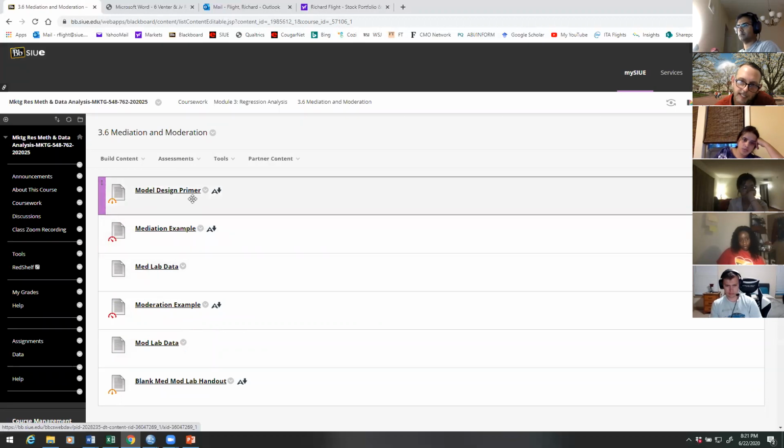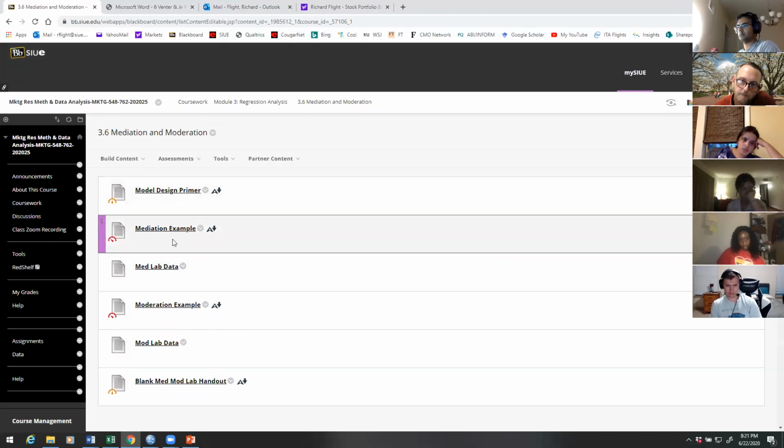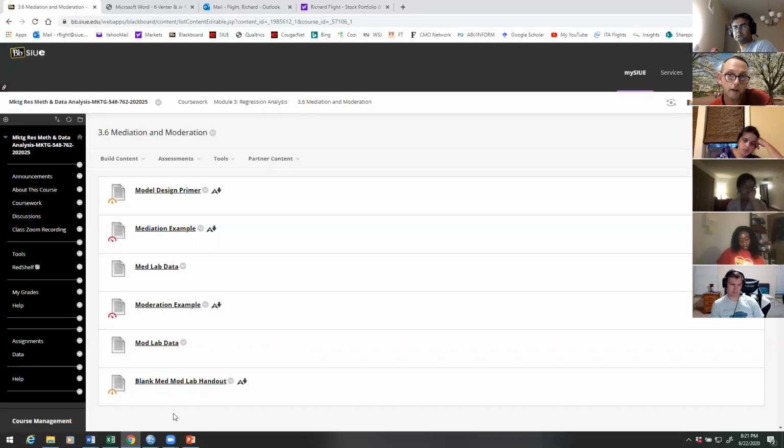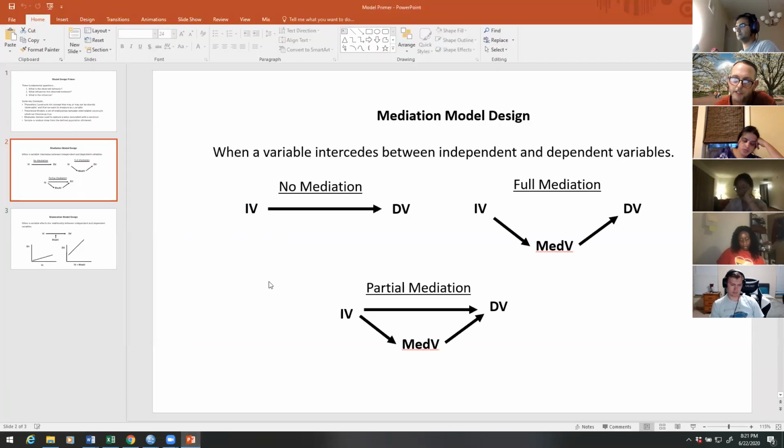And there are some examples walking through some of the steps that you would do for both. So you may want to look at those. You may want to watch some videos. Mediation and moderation are very common. They're not always done well or done correctly, but they're something that you'll probably see in other applications.